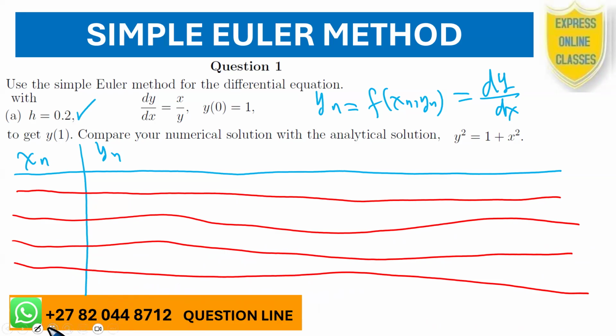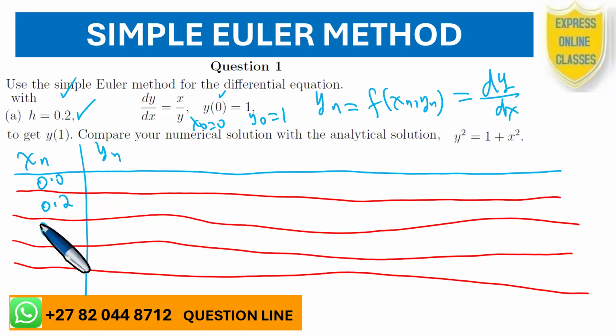With this table, we're going to fill it in. We start with 0.0, because our h is 0.2. We're just reminding each other of this method: our h is 0.2, and we start with x0 equals 0 and y0 equals 1. We add 0.2 to it: 0.0 plus 0.2, we get 0.2.